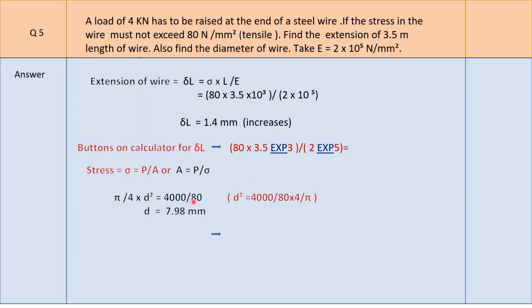Now I want d square, so if I take this pi on this side, it will become into pi, and from here 4, if it is taken on the right side, then here it is in the denominator, it will be into 4. So d square is equal to 4000 divided by 80 into 4 divided by pi. Now we don't want to increase the steps.